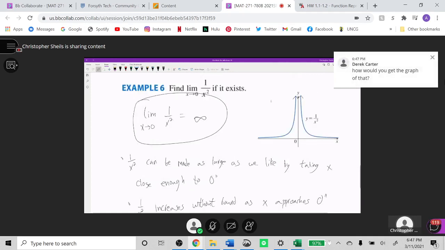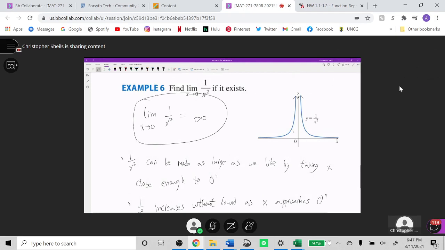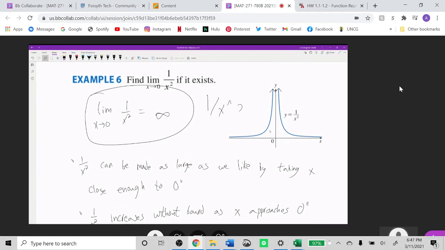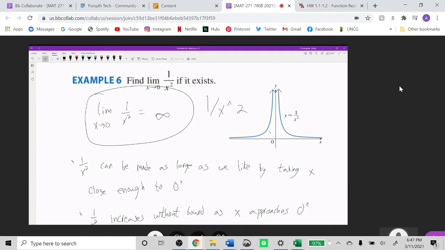How would you get the graph of 1 over x squared? You go to Desmos, you type boom, boom, boom, boom, boom. This should get you the graph. Just using the caret symbol here.